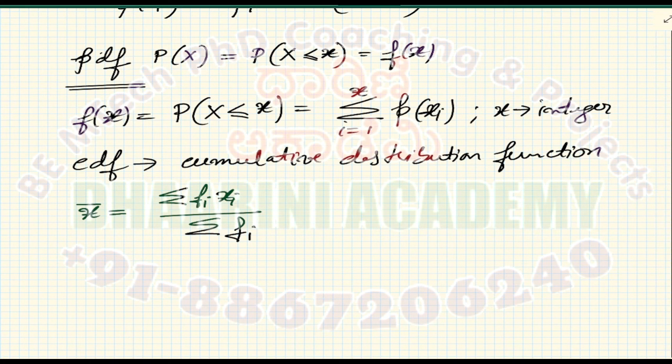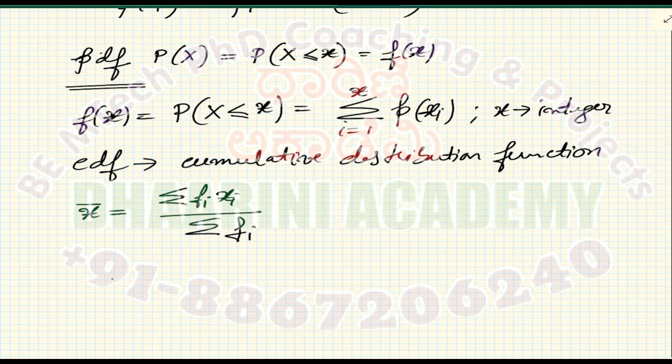Here fi is the frequency. The ith event occurs f times, that is fi. Like in my 10 experiments, 4 times I got heads. So the frequency corresponding to that ith event becomes 4. So like that we try to calculate.